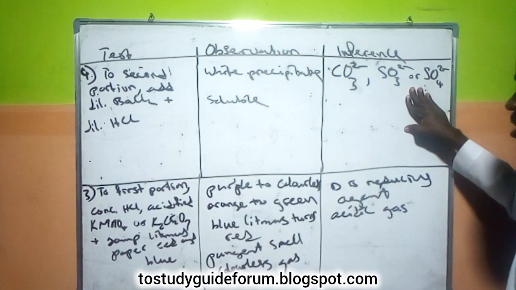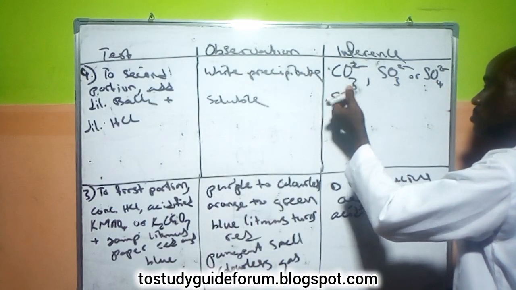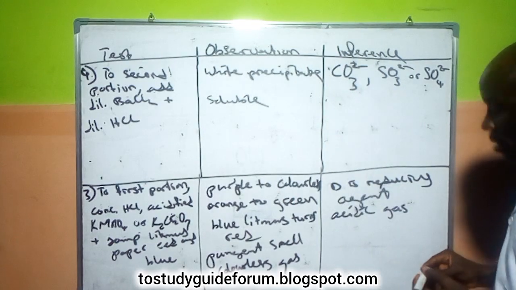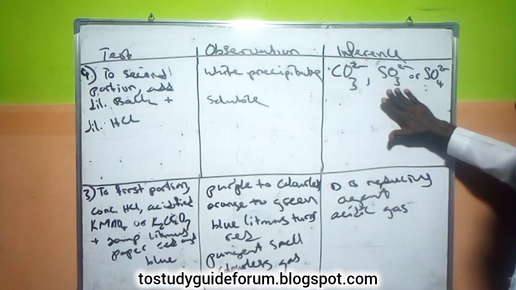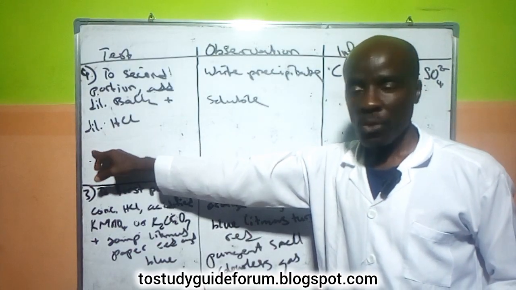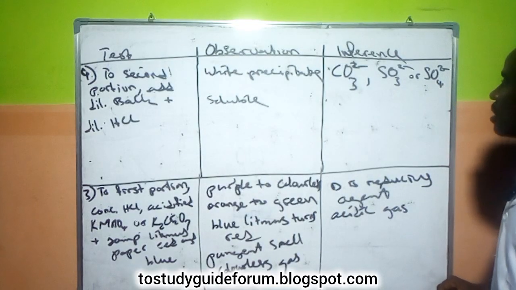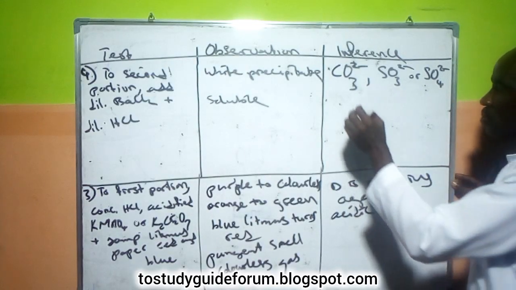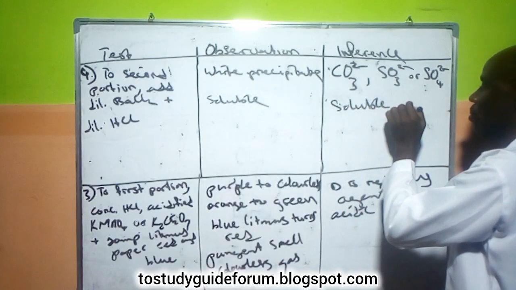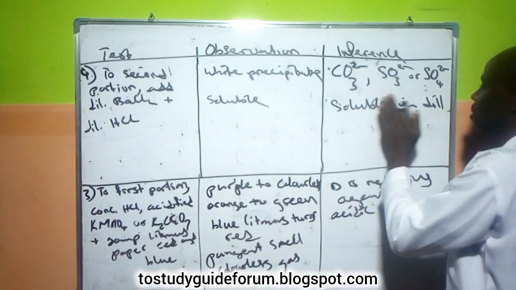Since it's this, we can also look at having sulfide ion too, but let's leave it. These three are very, very common. Now, on adding dilute hydrochloric acid, notice that it is soluble in dilute acid.